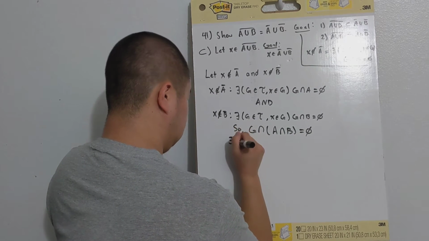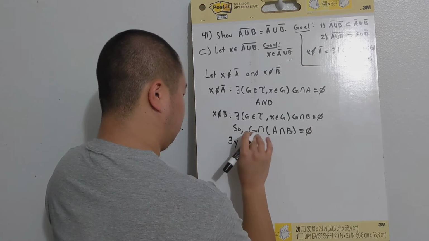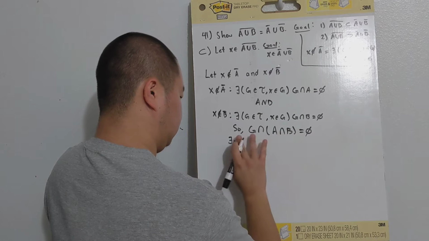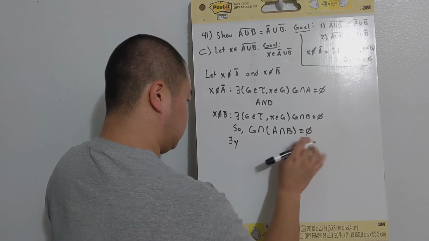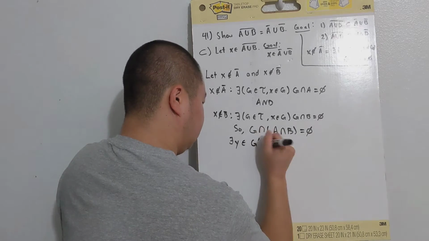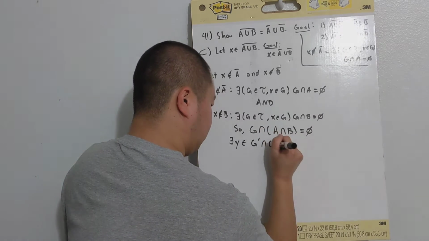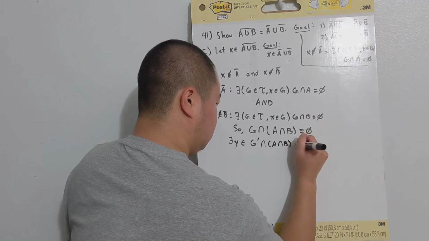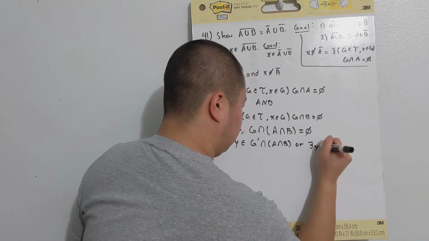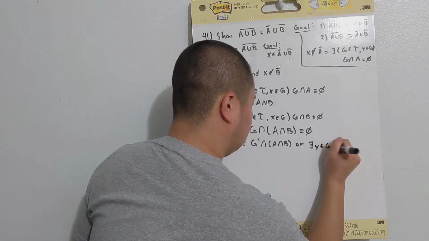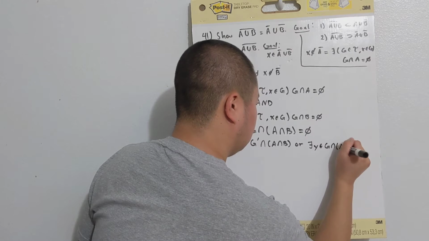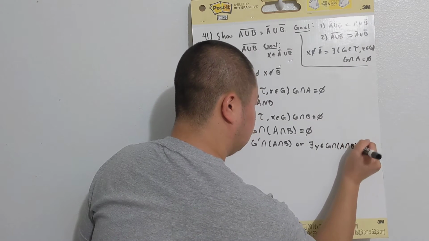So there exists some Y from the previous modules. We know that if these two sets intersect to be the empty set, then either there's something in G complement intersection A intersection B, or there's something in G intersection A intersection B complement.